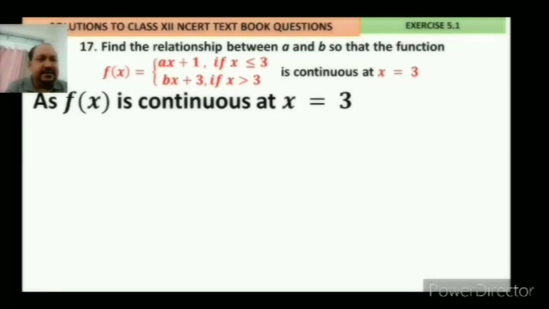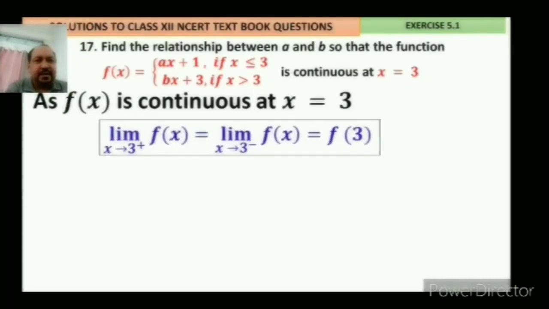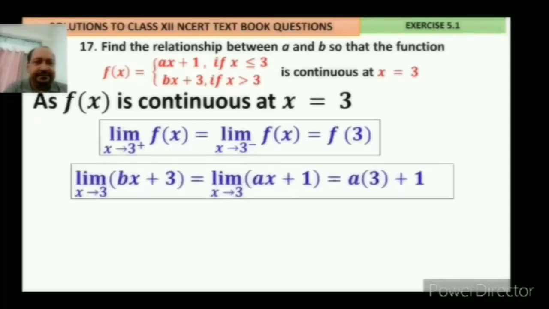It is given that the function is continuous at x equal to 3. Limit x goes to 3 positive f of x equal to limit x goes to 3 negative f of x equal to f of 3.